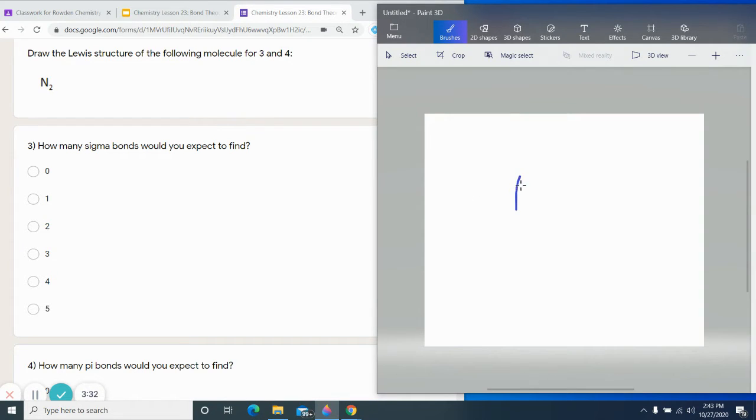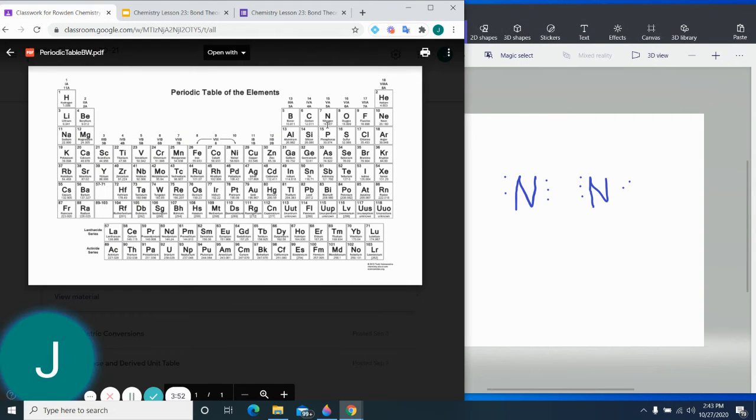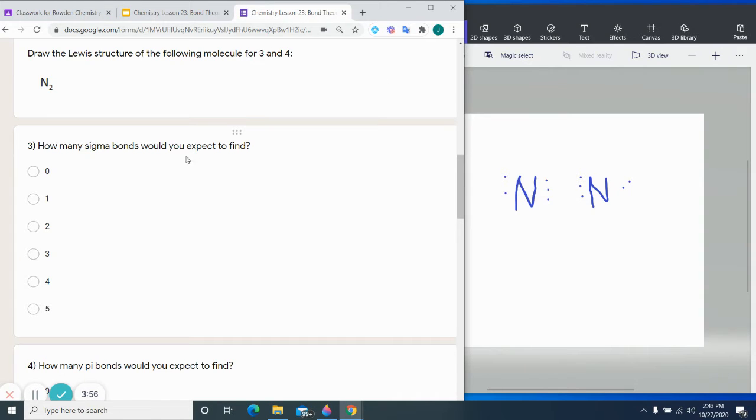We'll have N, and it's going to have 1, 2, 3, 4, 5 valence electrons. And then N, and it's going to have 1, 2, 3, 4, 5 valence electrons. How do I know it has 5? Because I'm looking right here: N is in group 15, therefore it has 5. How many sigma bonds do I expect to find?